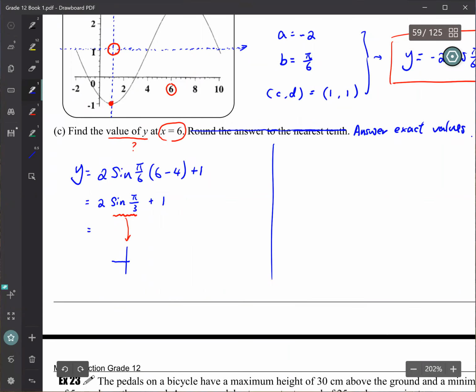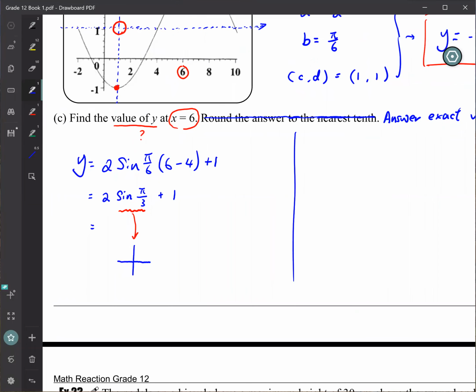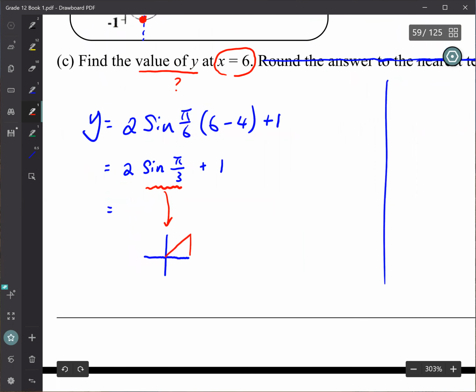Okay. Which quadrant is pi over 3? Trudy. Quadrant 1. Okay. So that's your step 1, draw the angle. Step 2, can you tell me what is step 2? Find the reference angle. Okay.